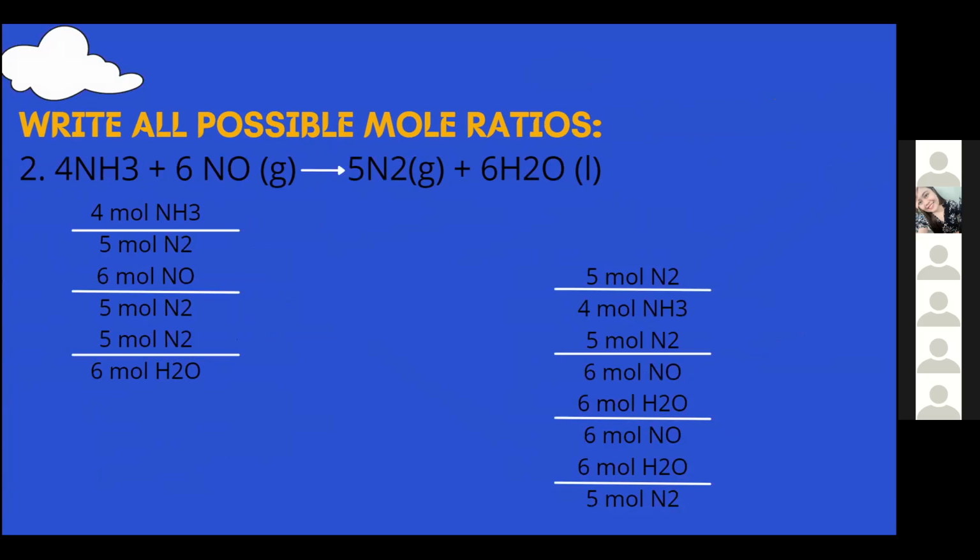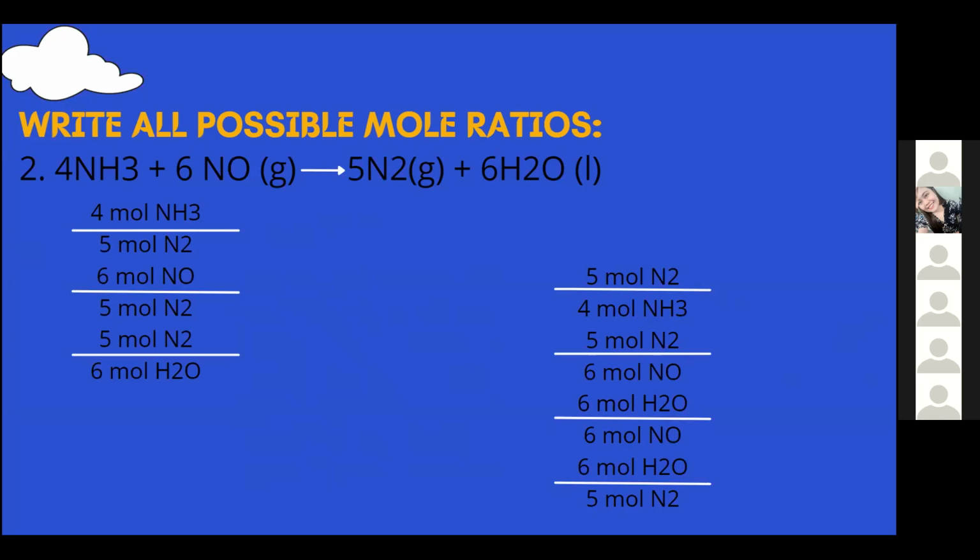And for our next chemical equation, we have 4 moles of ammonia will react to 6 moles of nitrogen oxide to produce 5 moles of nitrogen plus 6 moles of water. So we have possible mole ratios here. We have 4 moles of ammonia over 5 moles of nitrogen. And we have 6 moles of nitrogen oxide over 5 moles of nitrogen.